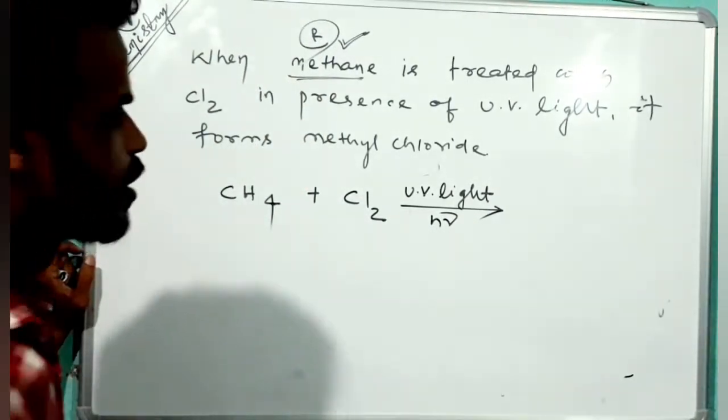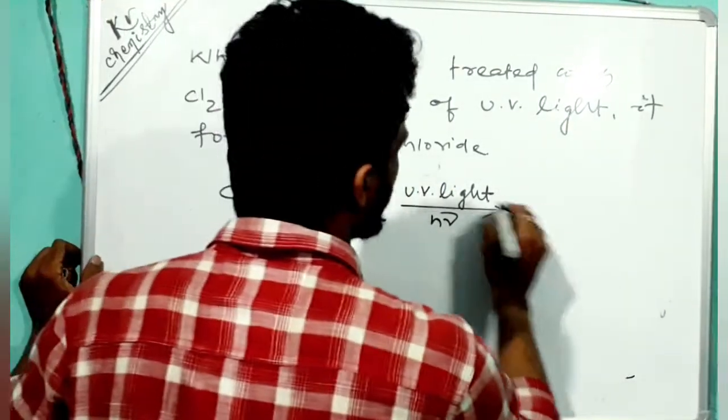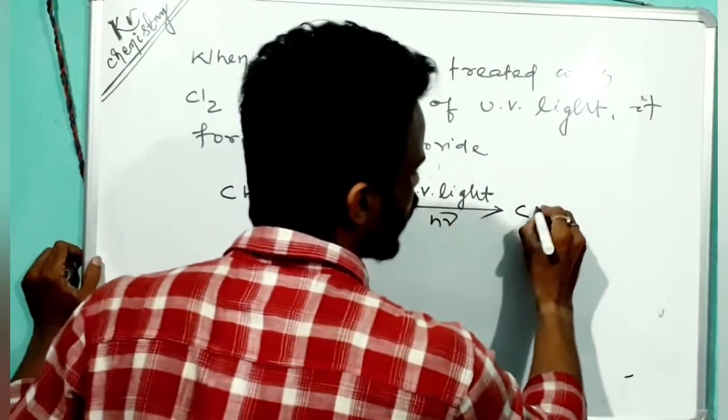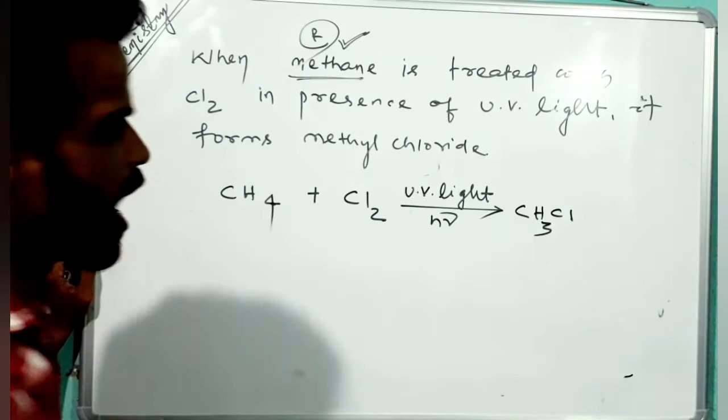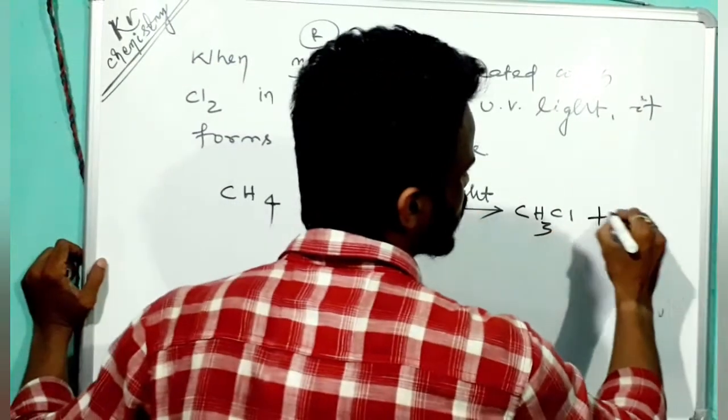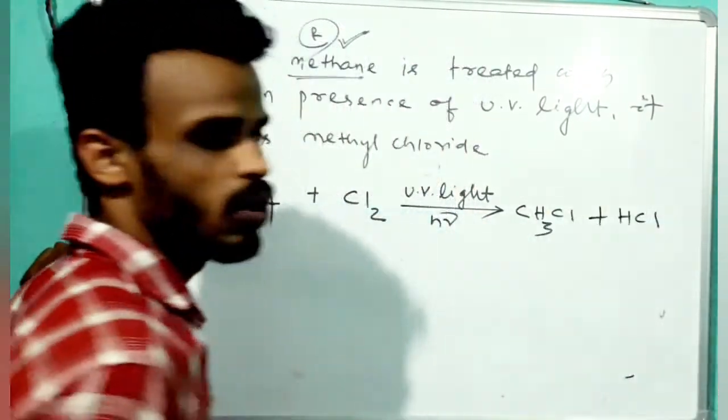So it forms methyl chloride. The symbol of methyl chloride is CH3Cl, and it also releases hydrogen chloride.